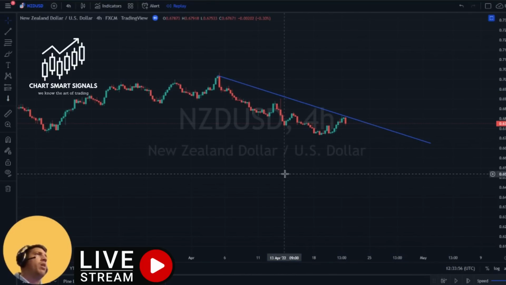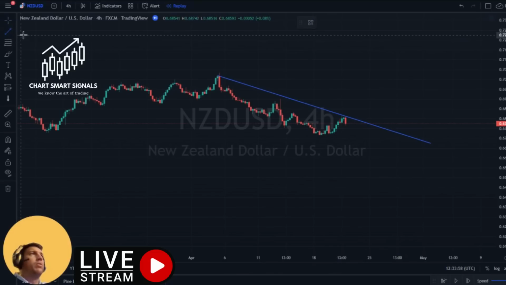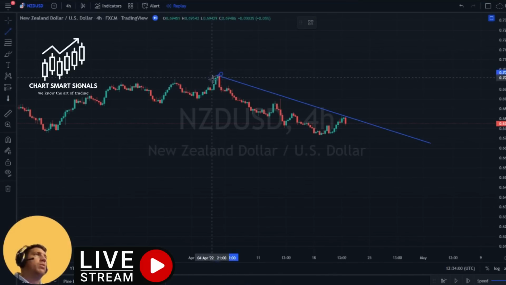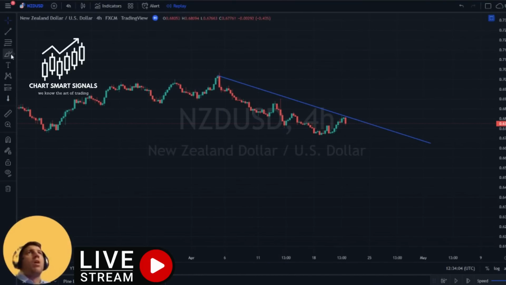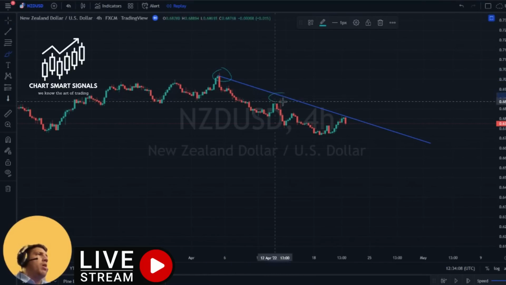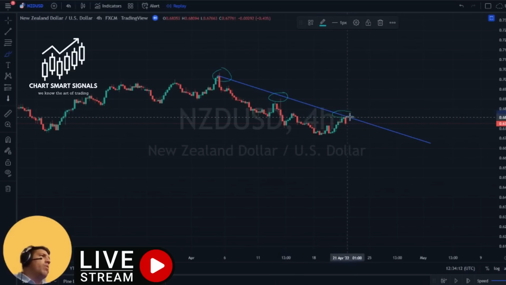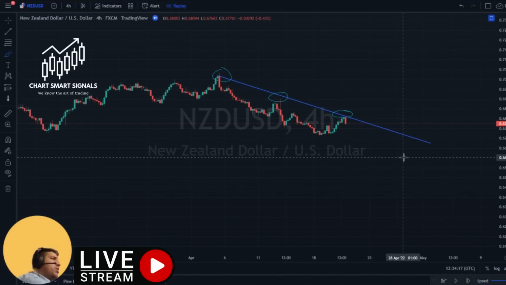There we go. Alright, so does it apply our rule? One touch over there, close enough, but it still worked. 3 touches, which makes this a strong resistance line.